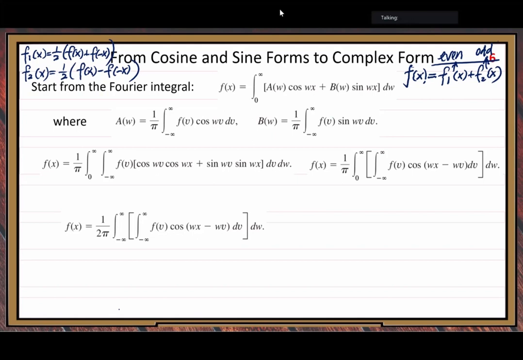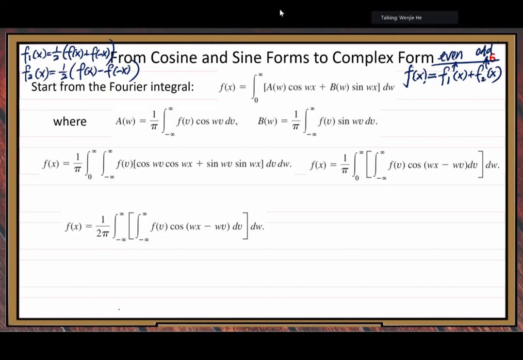All right, let's look at the function. This whole integral is a function of w, right? The function inside the bracket, when it takes the integral form, is a function of w.